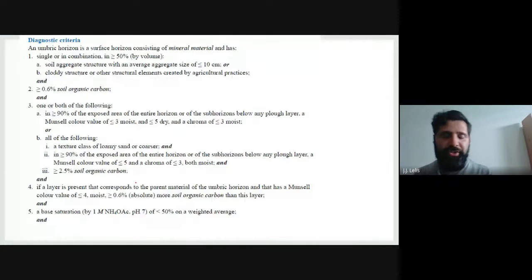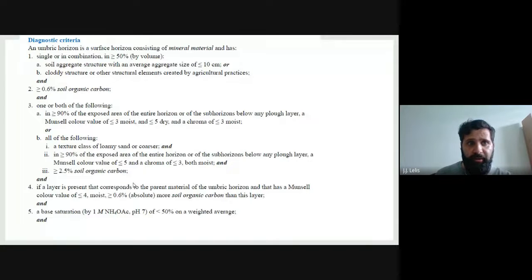And which criteria should we follow to identify an umbric horizon? Well, it should be very aggregated. The aggregation should be strong, so we should present a strong grade. We should present at least 0.6% of soil organic carbon.